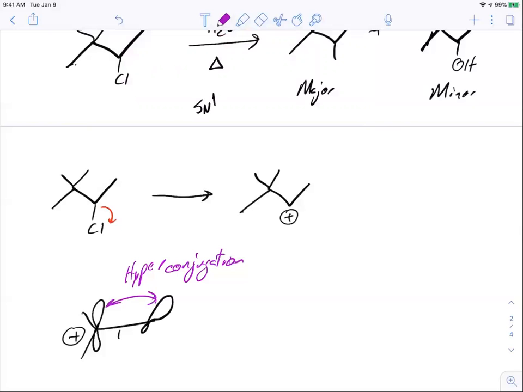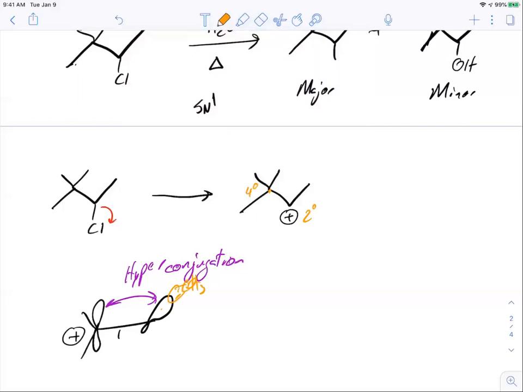What I have in this case is a secondary carbocation next to a quaternary carbon. So this carbon right here has 4 different carbons attached. Well, if we think about this group here, it means that there's going to be an overlap with that CH3.